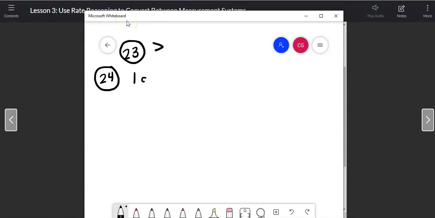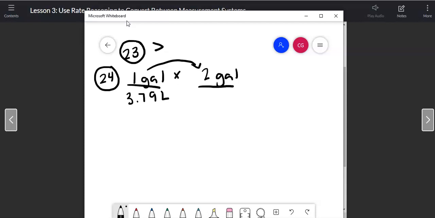So I said 1 gallon, that is 3.79 liters. And I'm going to put the 2 gallons on top. To get from 1 to 2, I multiply by 2. And on the bottom, I'm going to do 3.79 times 2. When I do that, I get 7.58.